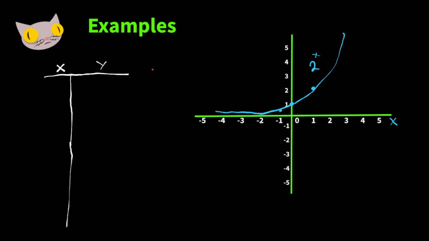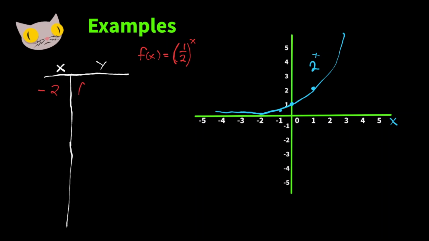Let's also graph f of x is equal to 1/2 all to the x power. We'll do it in a different color so that we can graph it on the same graph and compare. So let's find our point at x is -2.